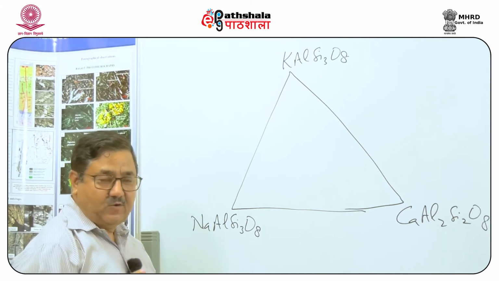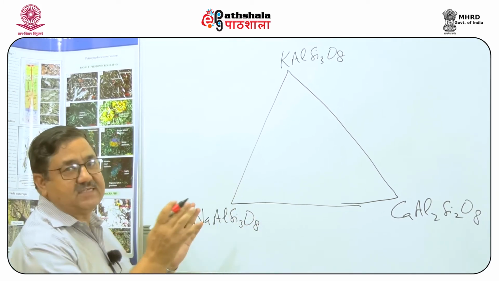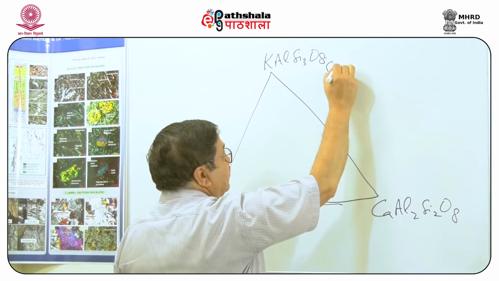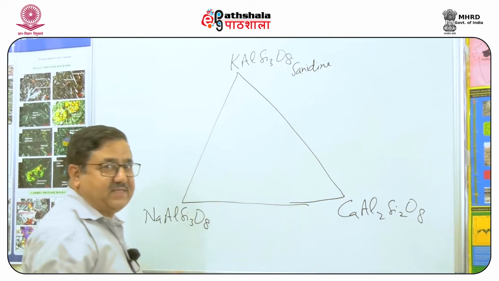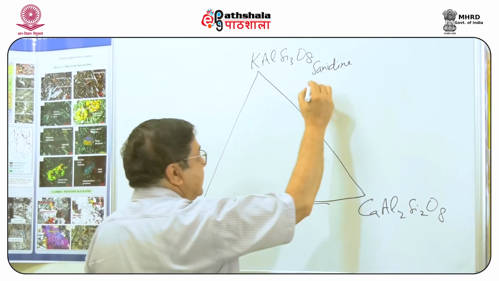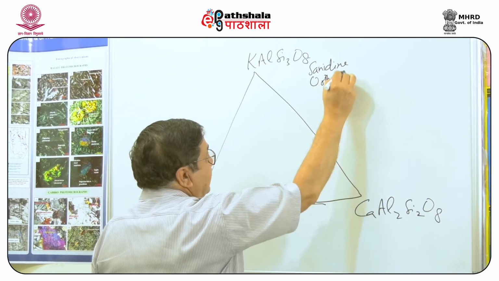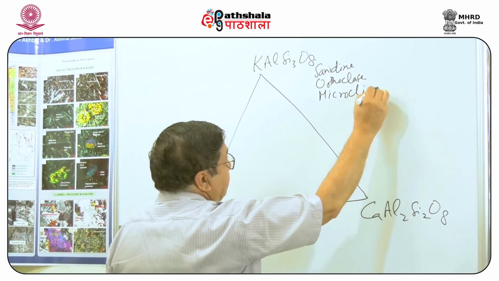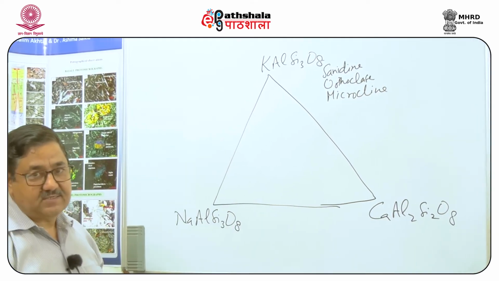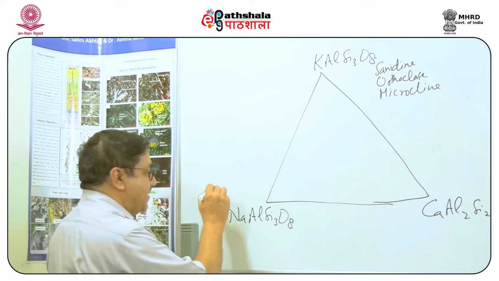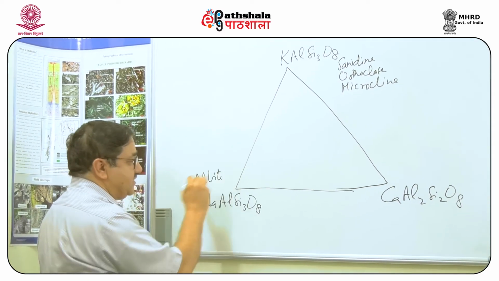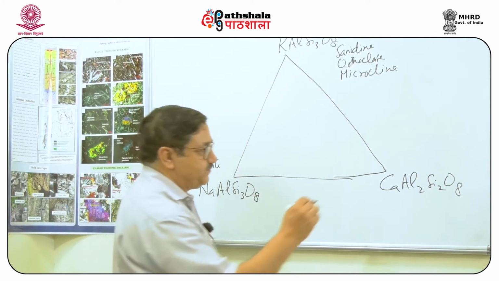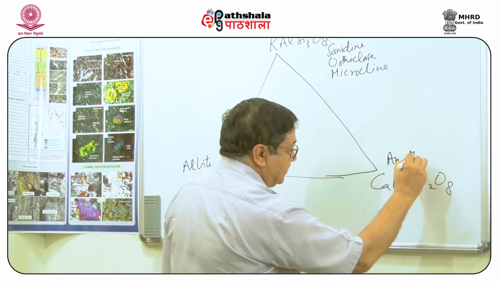If we look at this division, this represents 3 major groups. Within this, the feldspars which are individually present with their distinct structure include sanidine, orthoclase and microcline amongst the potassium feldspars, whereas the sodium feldspar is dominantly albite and the calcium end member feldspar is known as anorthite.